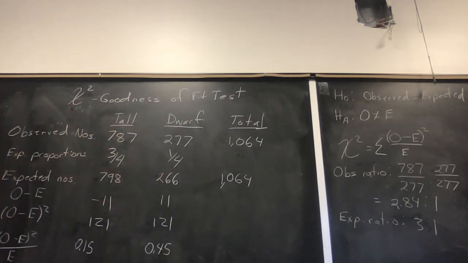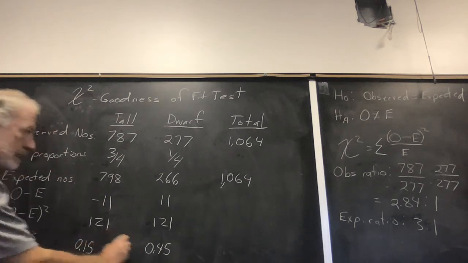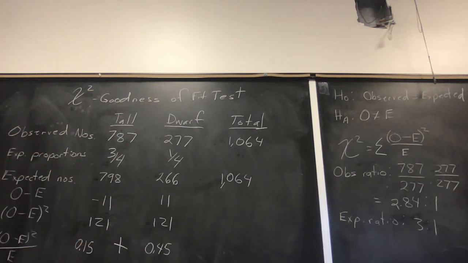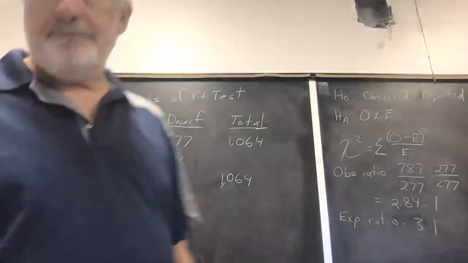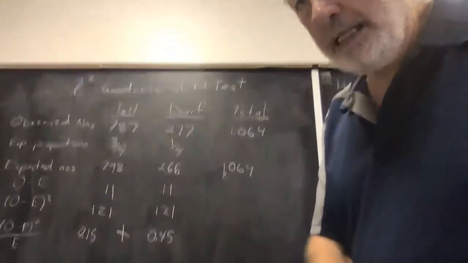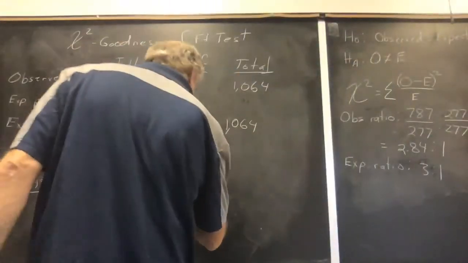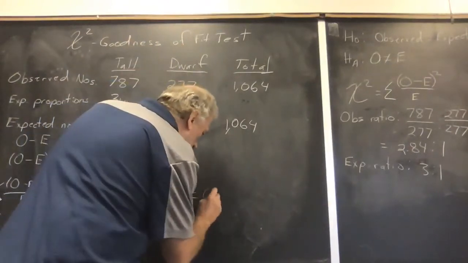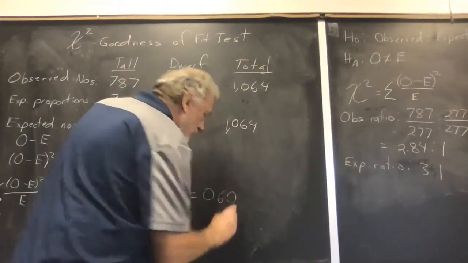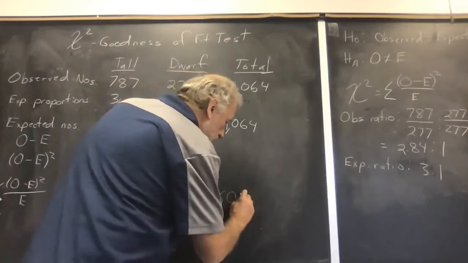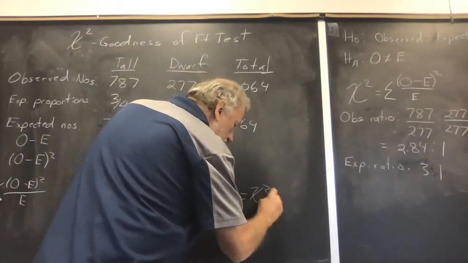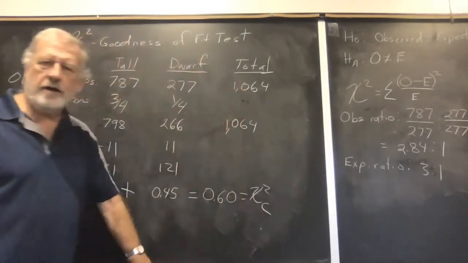And then we add across the columns. That's what this symbol means, capital sigma for summation. And so we add those two up, and that gives us 0.6, and that is our chi-square sub c for calculated value.